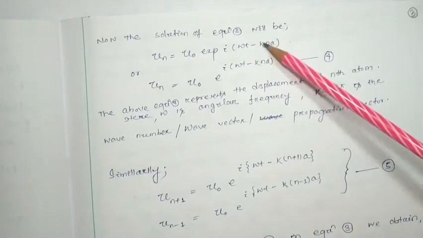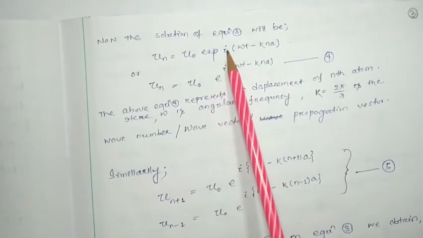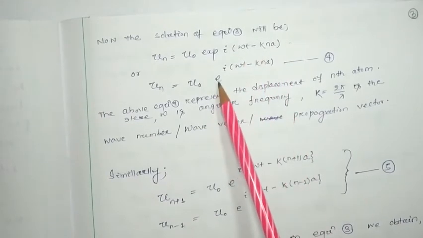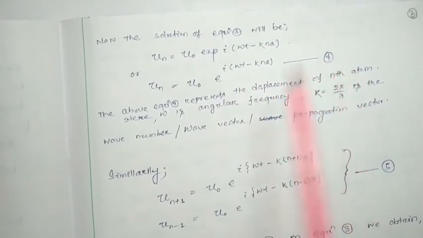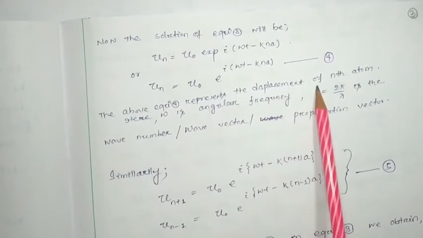See, these are the same things. Here I wrote it in the form of exponent of i omega t minus k n a, or you can write e to the power i whatever. Let this be equation number 4. The above equation number 4 represents the displacement of the nth atom.